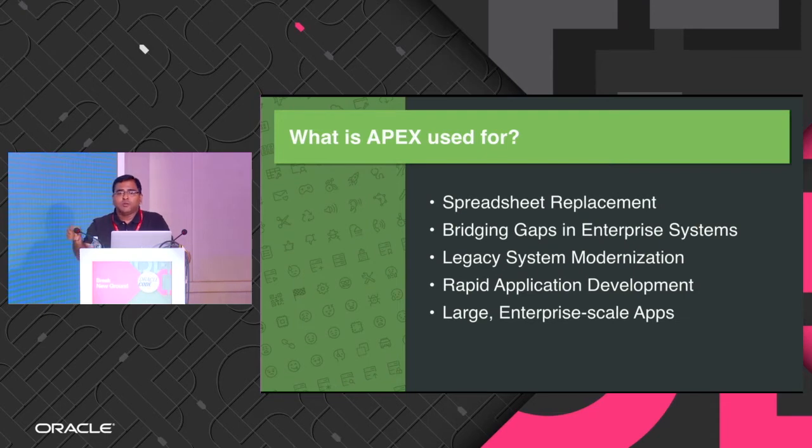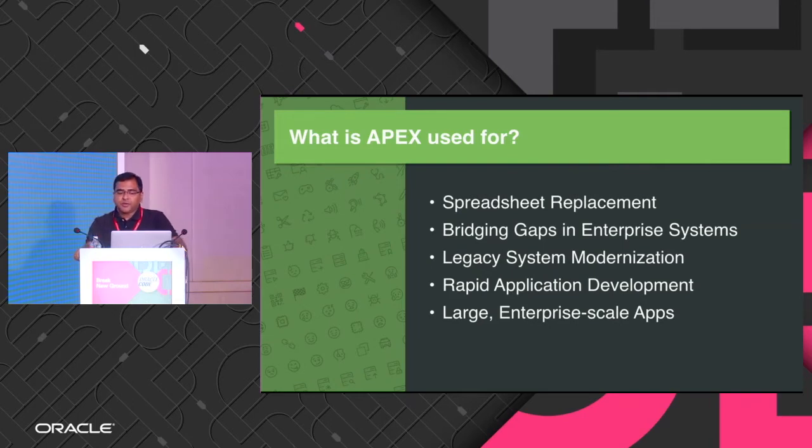Okay, so I just want to give some more information for those who have been using Apex since 18.1 or 18.2. 19.1 introduced a new feature where you can drag and drop your spreadsheet into the Apex interface, and not just your spreadsheet, you can drag and drop your XML, you can drag and drop your JSON, and Apex will convert that into your beautiful application. It will build a table, and on top of the table, it will build an application, okay? For those of you who are interested in trying this feature, I would suggest trying it out on apexea.oracle.com.